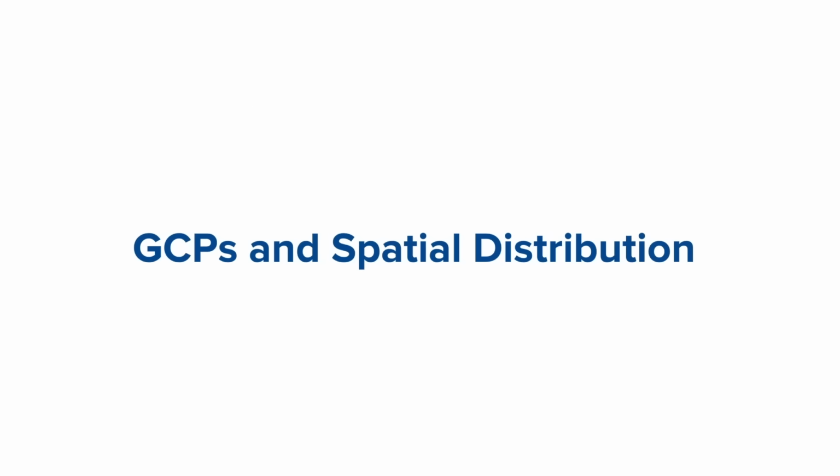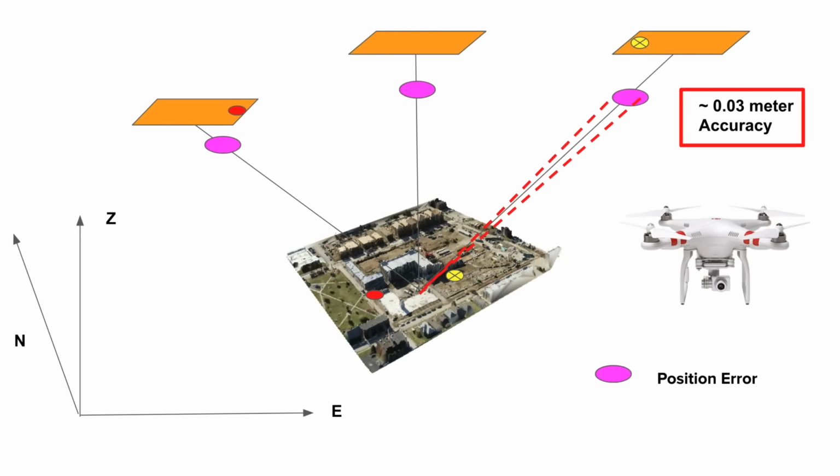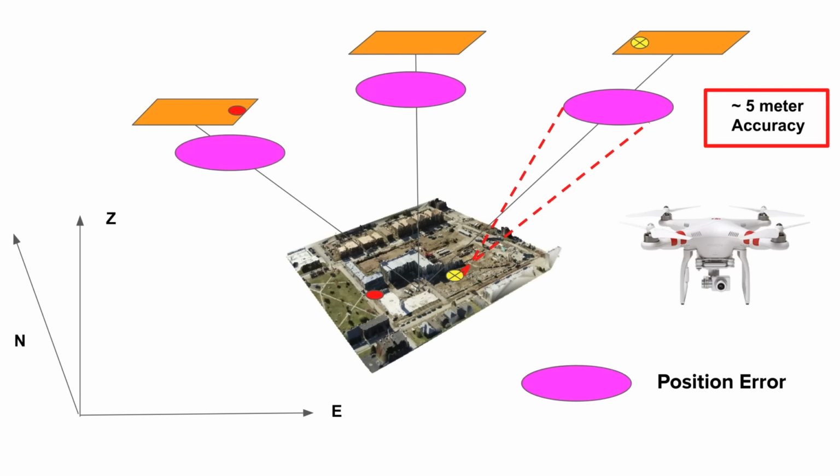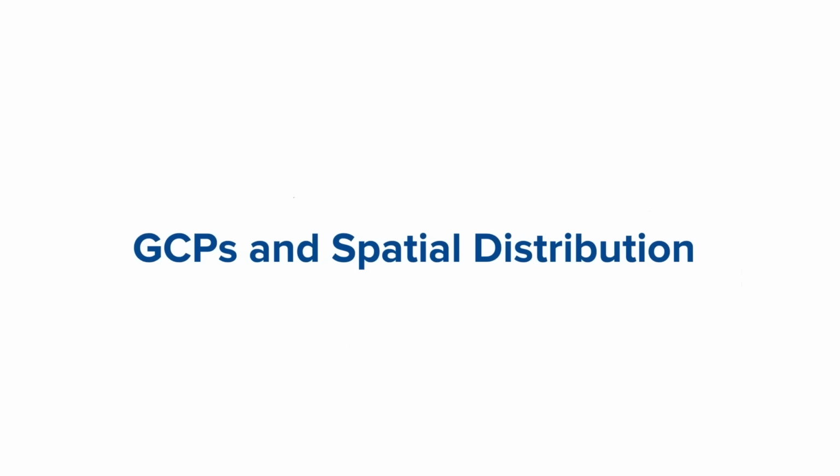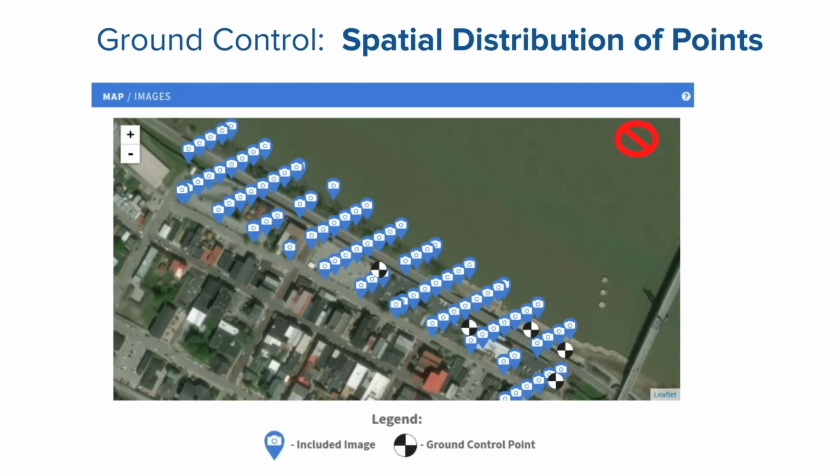So we've gone over this before, but with ground control points, if you're using a standard drone platform like this, one that's not PPK enabled, the spatial distribution of your ground control points matters a lot. We showed you some bad examples before. Here's a couple examples.